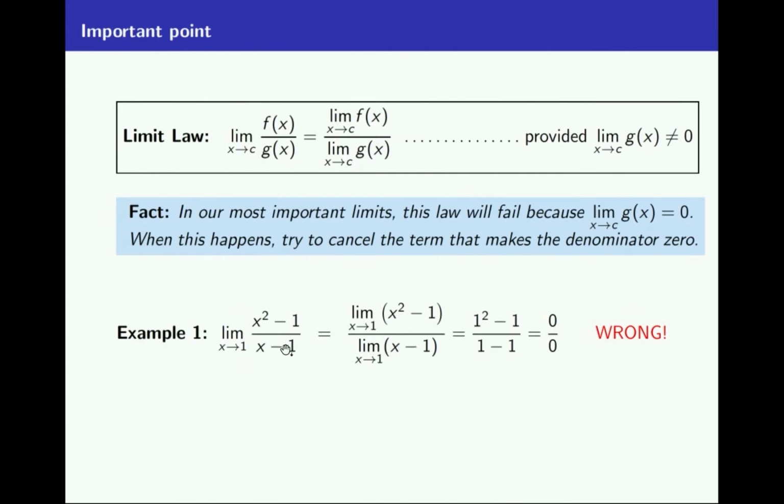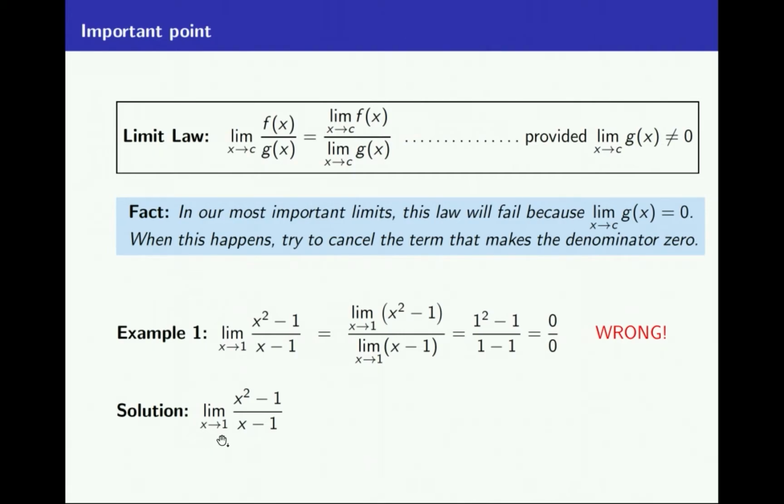So we were wrong to try to apply this limit law. So the limit law failed. Now we noted up here that when this happens, try to cancel the term that makes the denominator 0. So let's see if we can carry out that plan here.